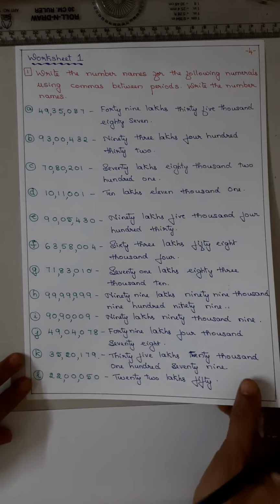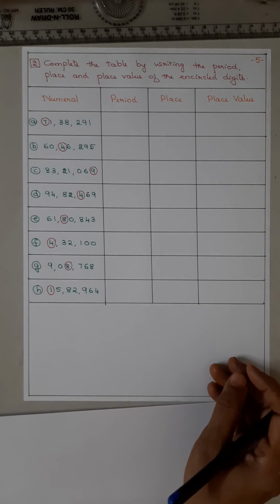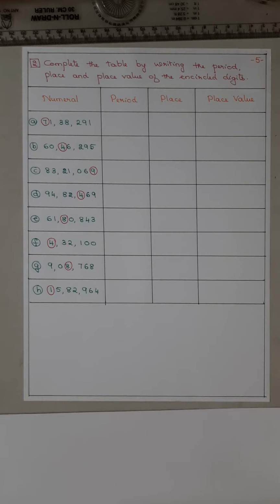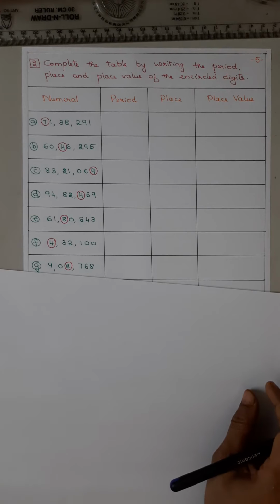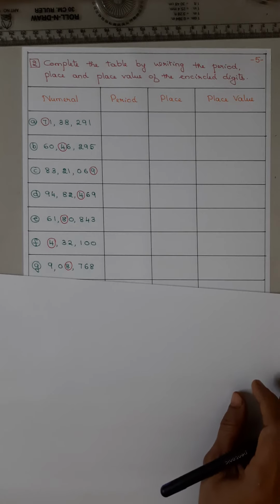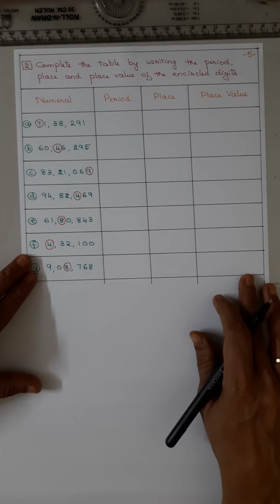Now coming to question number 2. What they have told? Complete the table by writing the period, place and the place value of the circled digit. Now numeral is given, period, place, place value we have to write.